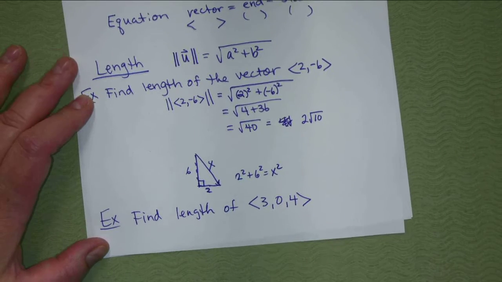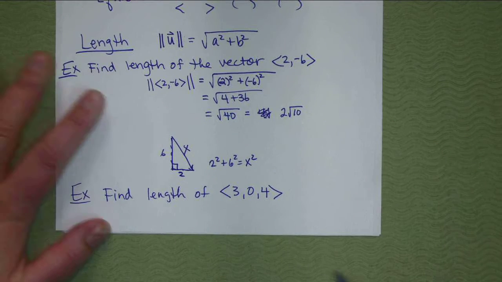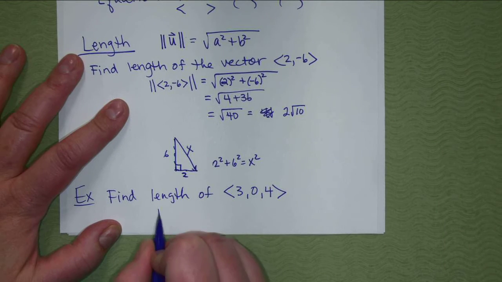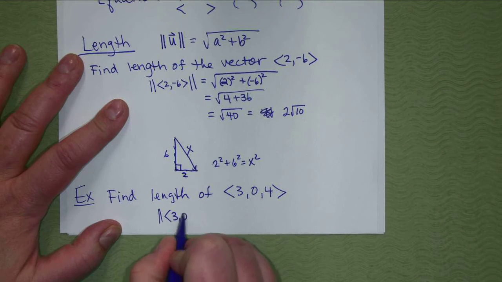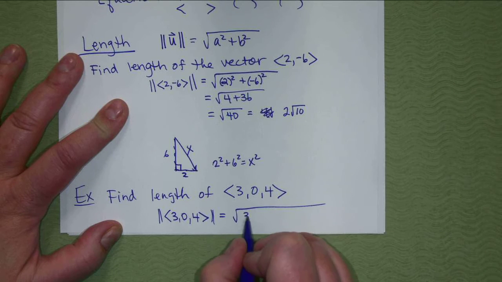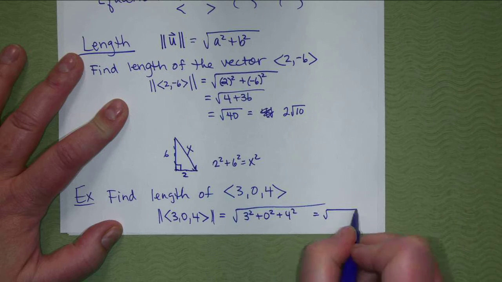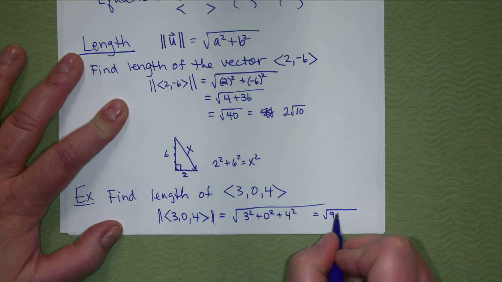So say we said, find the length of the vector 3, 0, 4. So the length is the square root of 3 squared plus 0 squared plus 4 squared, 9 plus 16, you get 5.